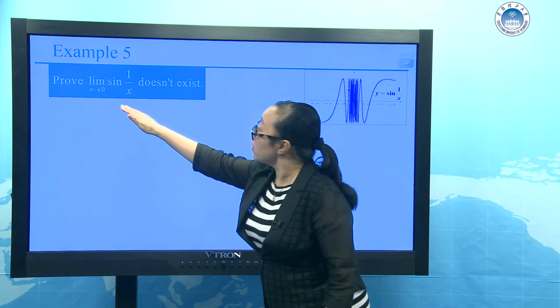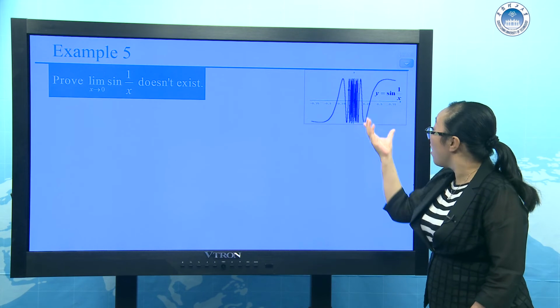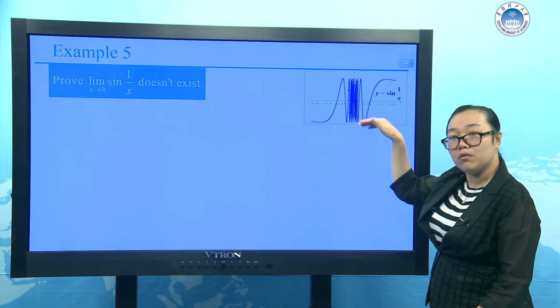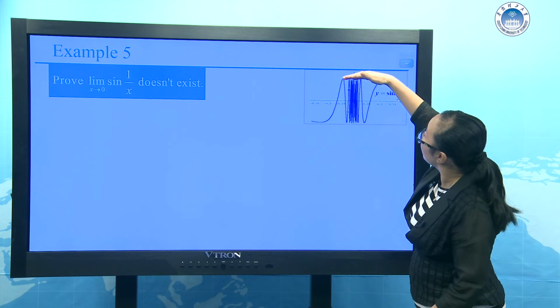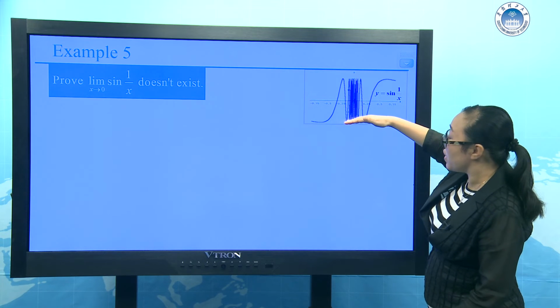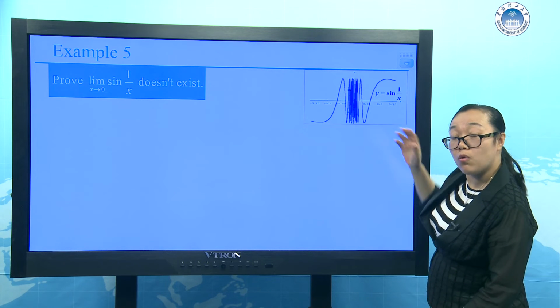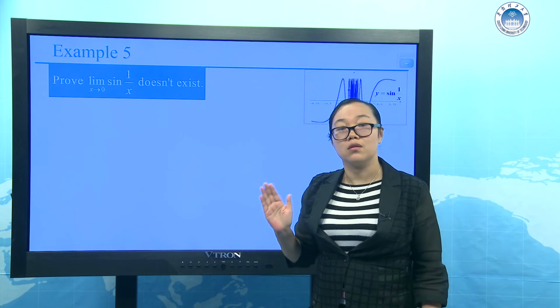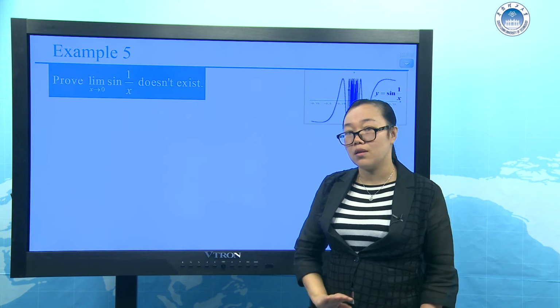If x tends to 0, look at this figure. As x tends to 0, the corresponding values are changeable. Some special point equals positive 1. Some special point equals minus 1. What does limit mean? If the limit exists, it means the limit is some fixed number that doesn't change.